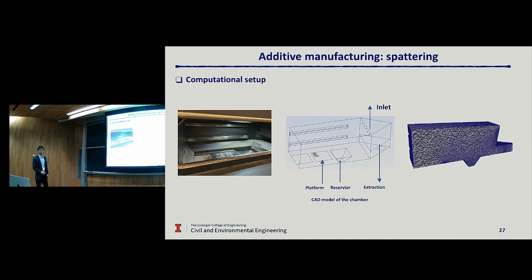And this is the mesh we have for the CFD and the DEM model. We also built a refinement region around here in order to better capture the information coming from the powder scale, because the powder scale happens at a micro scale, right?